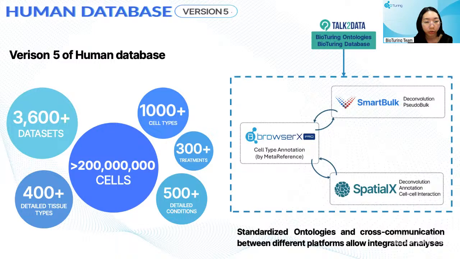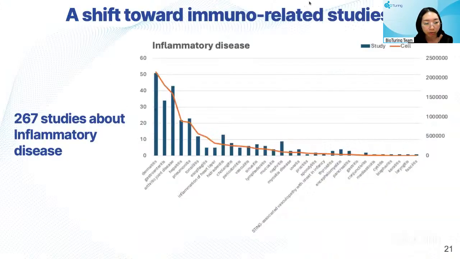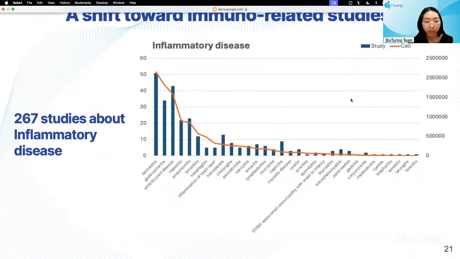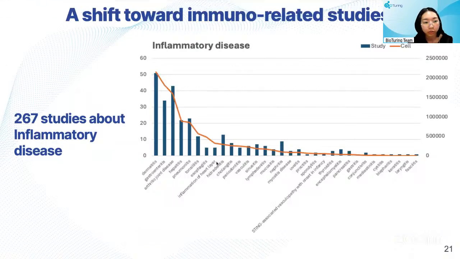Moving on to some of the statistics for the types of data sets that we include. For this version, we shifted towards more immuno-related studies. In our previous version, we had a lot of data curation for cancer-related studies, but for this new version, we wanted to shift towards more inflammatory diseases, for example.